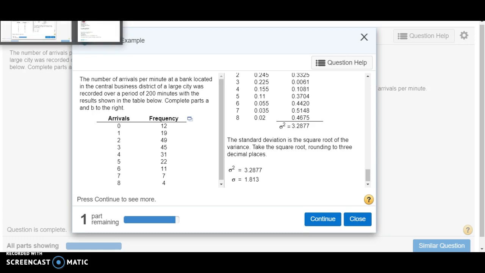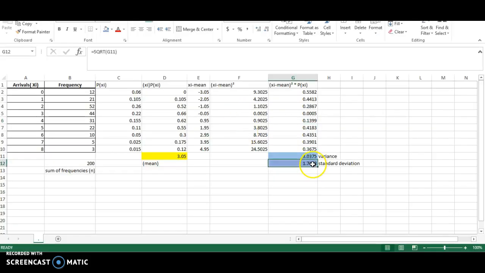In my spreadsheet, I took the square root and I should have rounded to 3. Okay, now I have rounded to 3 decimal places. So that is how you work standard deviation and variance when you have to use the probability.